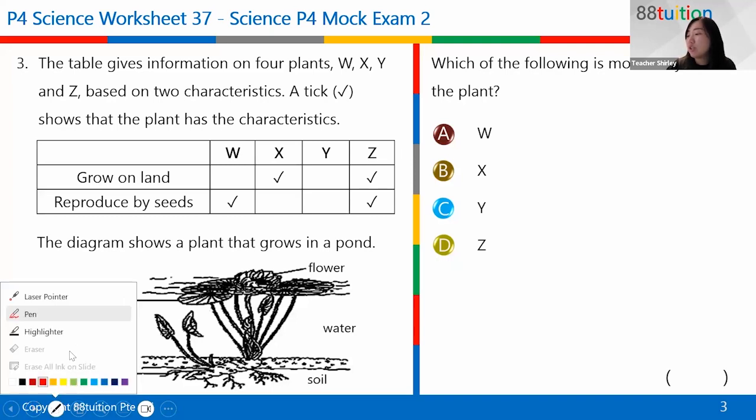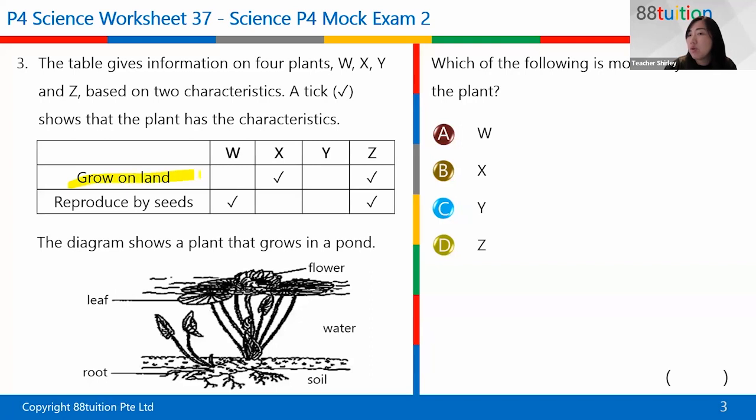Let's look at the 2 questions here. Grow on land. Ivan, does this plant grow on land? No. So it has to be either W or Y, because W or Y don't have a tick, right? Okay, next question.